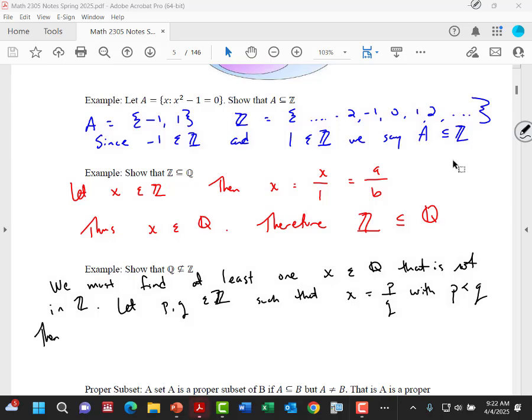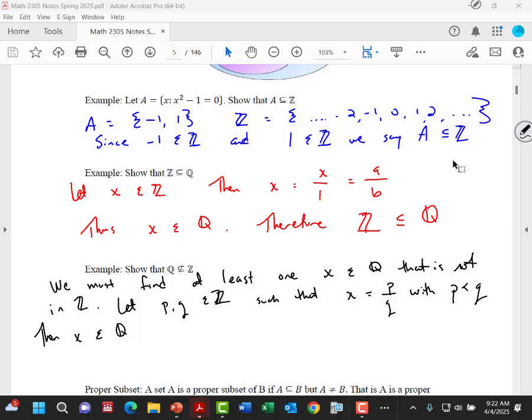Then X is in Q because it is a ratio of two integers. But since P is less than Q, if I have a rational number where the top is smaller than the bottom, where the numerator is smaller than the denominator, then I'm not going to get a whole number.